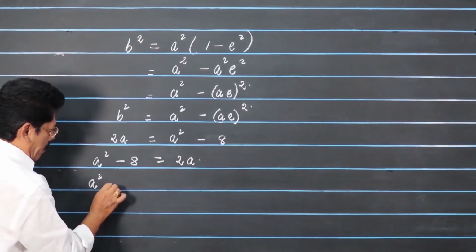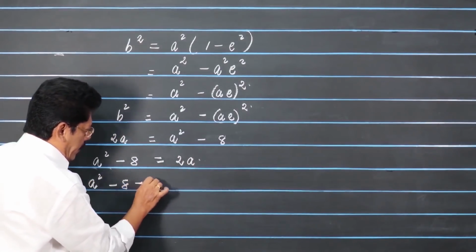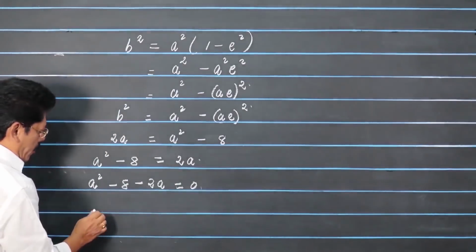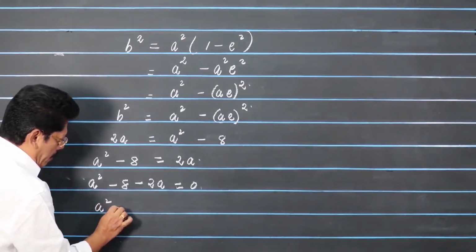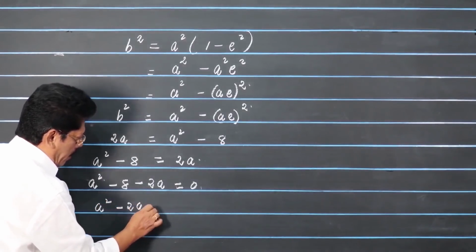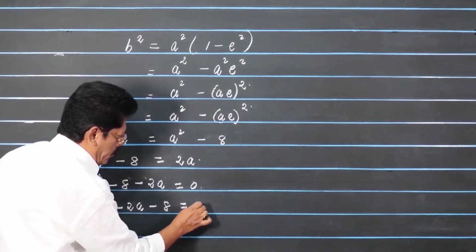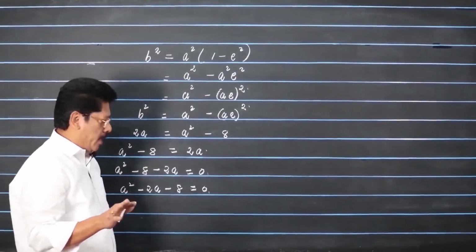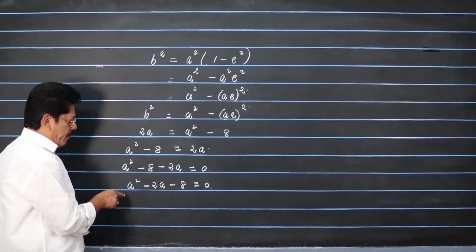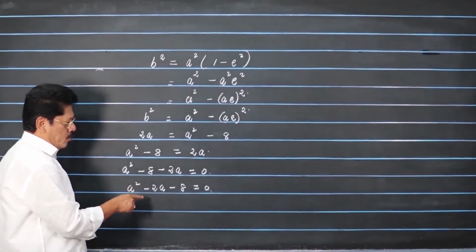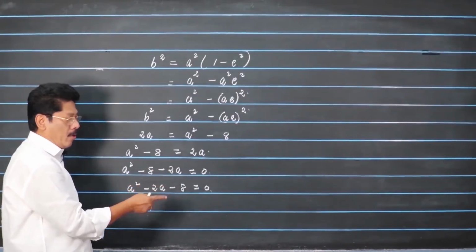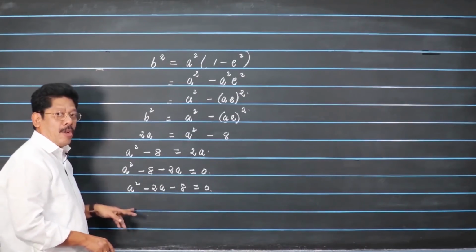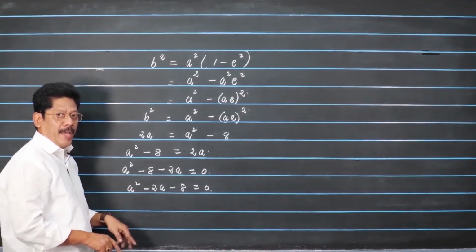A squared minus 8 minus 2a is equal to 0. Now arranging the equation, a squared minus 2a minus 8 is equal to 0. This is an internal arrangement, therefore the sign wouldn't change. Now, you have the equation a squared minus 2a minus 8 equal to 0 in the form of a quadratic equation. Now, you will have to solve this equation to get the value of a.